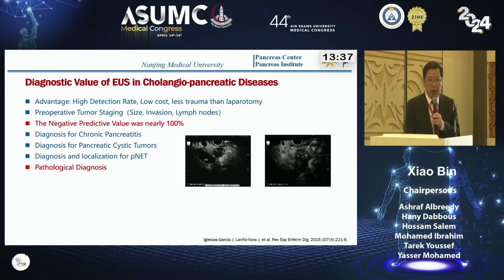The important thing is that the negative predictive value is nearly 100%. What does that mean? If the EUS procedure is performed by a skilled doctor and the result is negative, it can be 100% true.